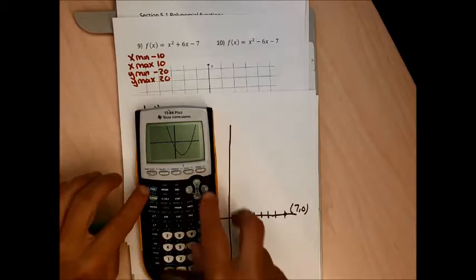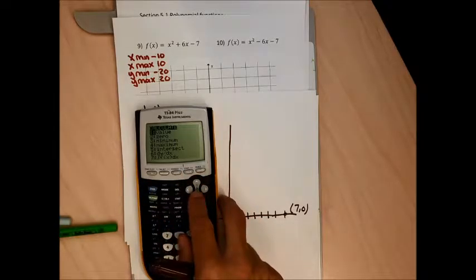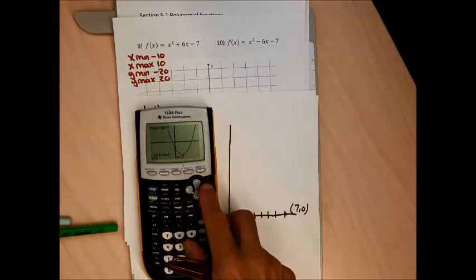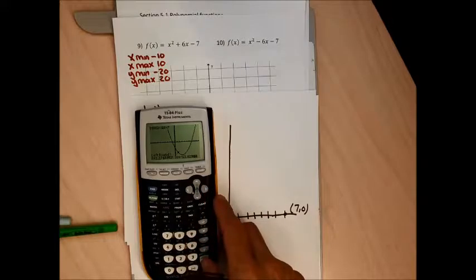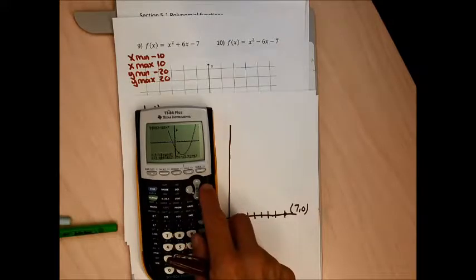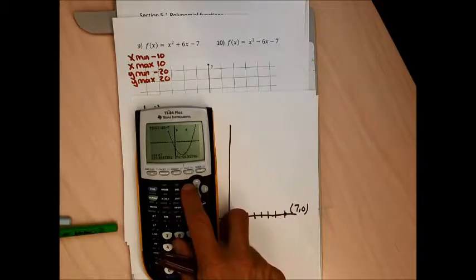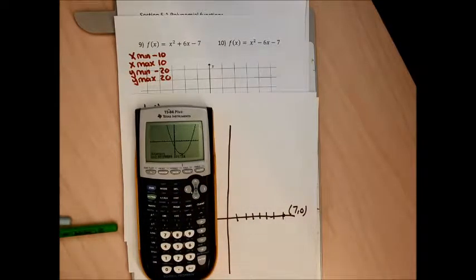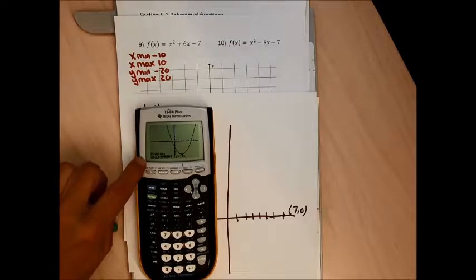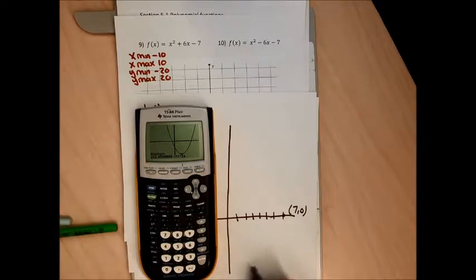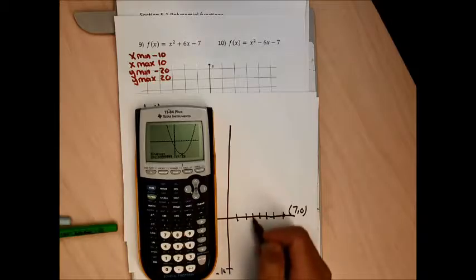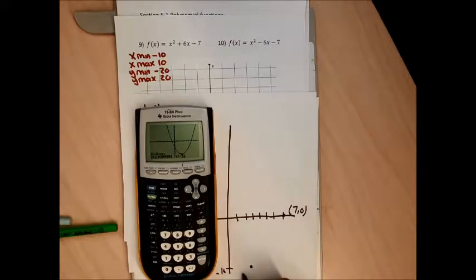Let me find it by going second, calc, going down to minimum, trace and get close to the vertex but to the left of it and hit enter, trace and get to the right of the vertex and hit enter, and then get as close as I can to the vertex and hit enter. That vertex I'm going to say is the point 3 comma negative 16. So somewhere down here, there's a vertex. It's at the point 3 comma negative 16.